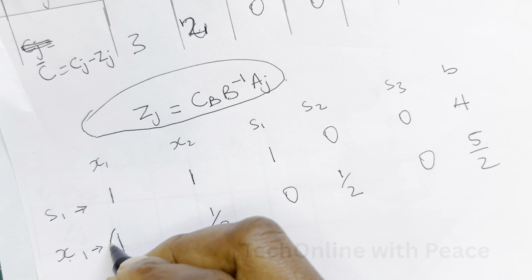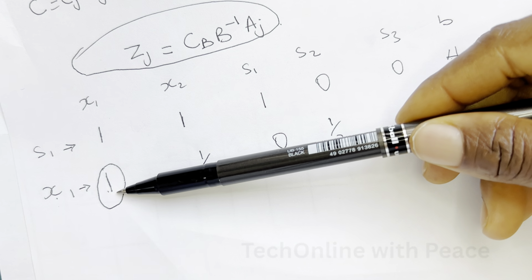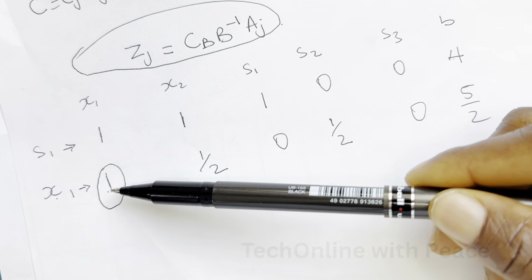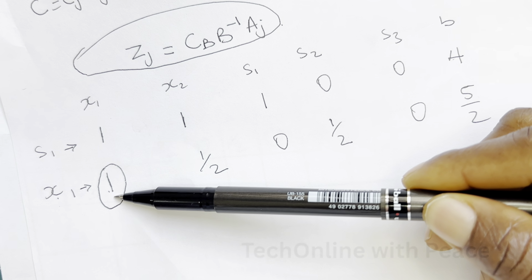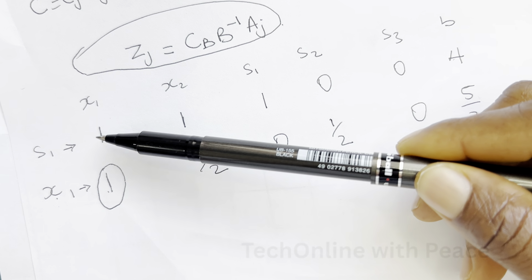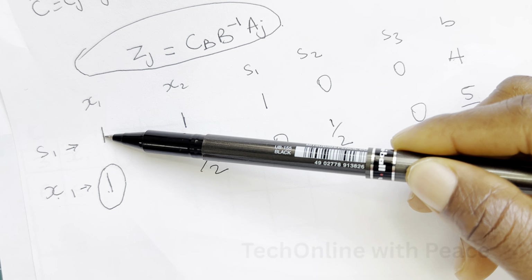Remember, this is our key element or pivot. The trick to get our new value is to multiply the pivot with the adjacent value, but we have to multiply it with the opposite sign of the adjacent value. So we have 1 as the adjacent value here.